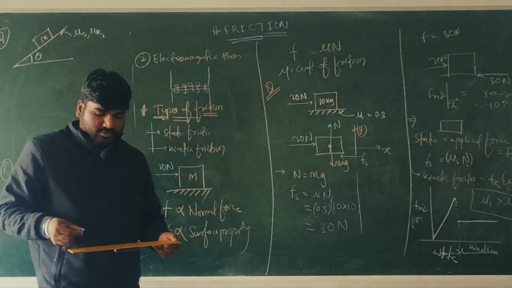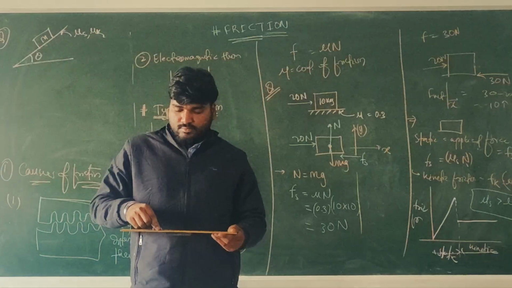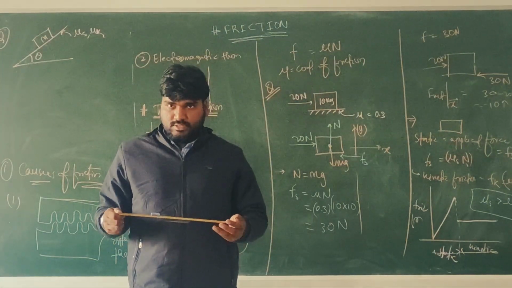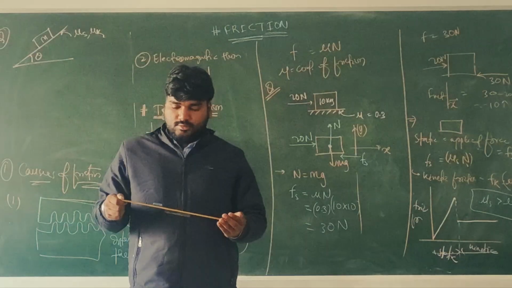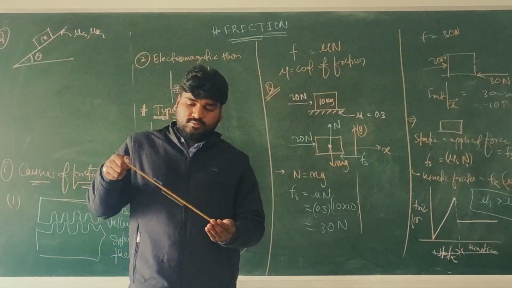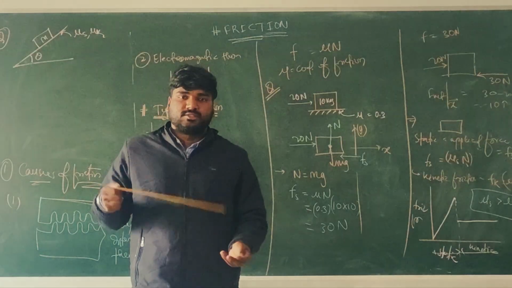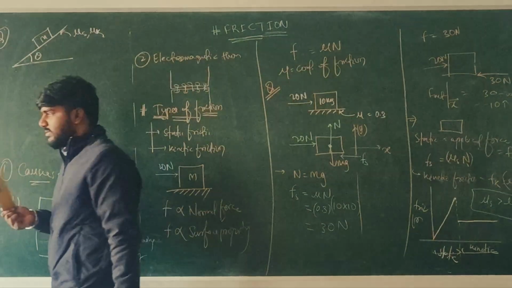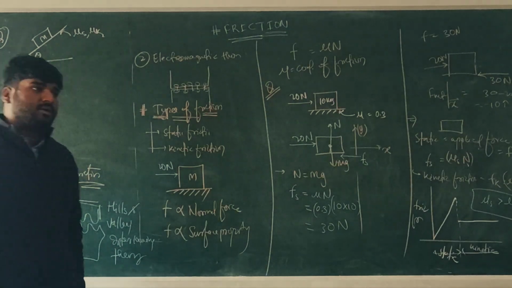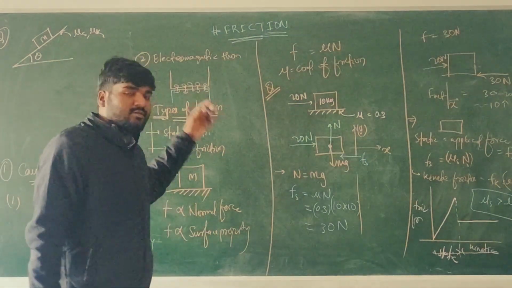This is a very generic one, starting from zero, and as you can see, I keep increasing the theta angle. So we are supposed to find the angle at which the block will slide from the surface.